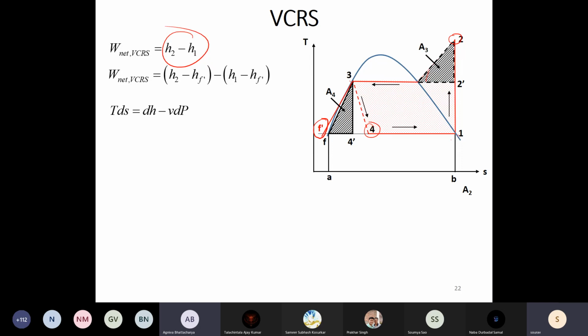If you extend this isotherm and you extend this isobar, wherever they intersect, that is that point F prime.